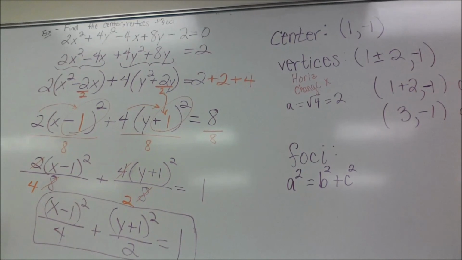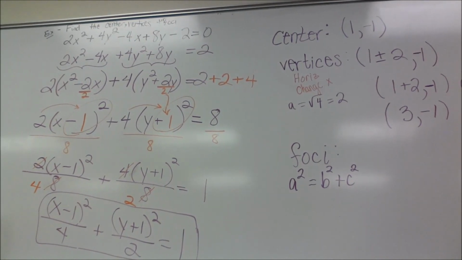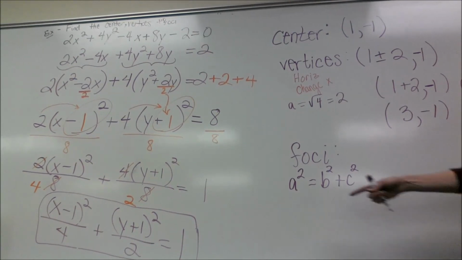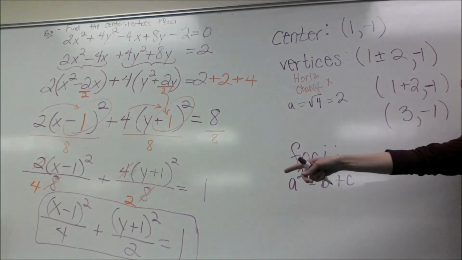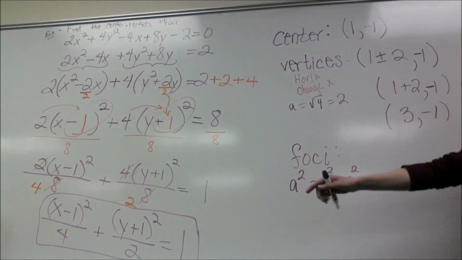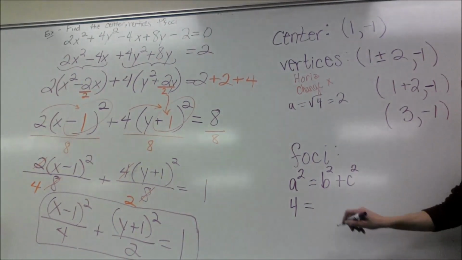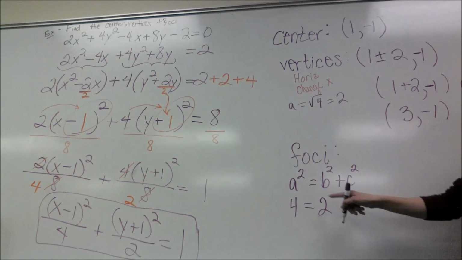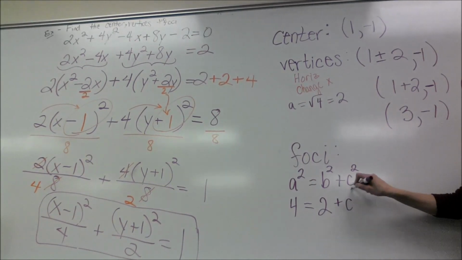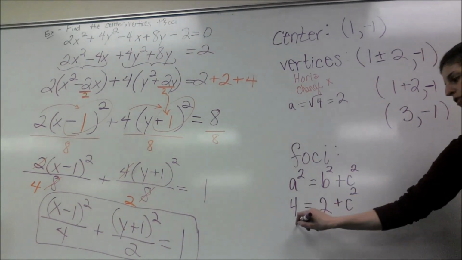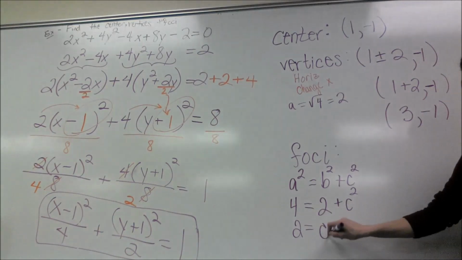A squared is the thing you see in your equation. So you don't really need to find A before you can tell me what A squared is, since it's already in your equation. So A squared is 4. What's B squared? 2. So 4 equals 2 plus C squared. Subtract 2, and you get 2 equals C squared.